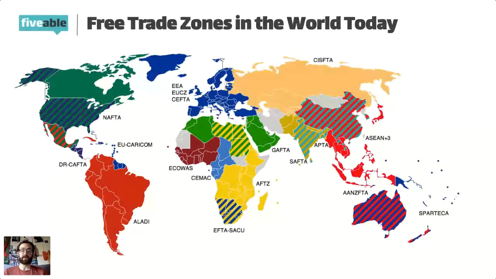They're regional, yeah. Usually they do these agreements with countries they're physically close to. They tend to be connected geographically. The closer a country is, the more likely they are to have a free trade agreement.